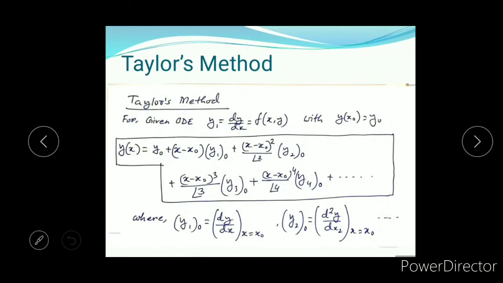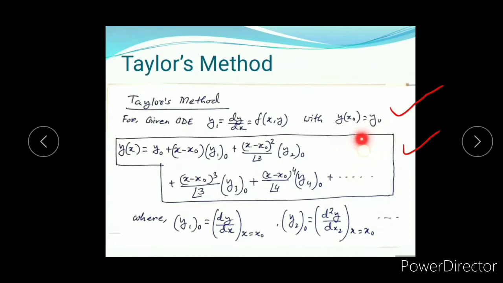And what is it? For a given ODE, y1 equals dy/dx equals f(x, y) with y(x0) equals y0, as we have already checked in the previous slide, the Taylor series solution of this differential equation is this one: y(x) equals y0 plus (x minus x0) y1(0) plus (x minus x0) whole square by 2 factorial y2(0) plus (x minus x0) whole cube by 3 factorial into y3(0), then (x minus x0) to the power 4 by 4 factorial into y4(0), plus and so on.